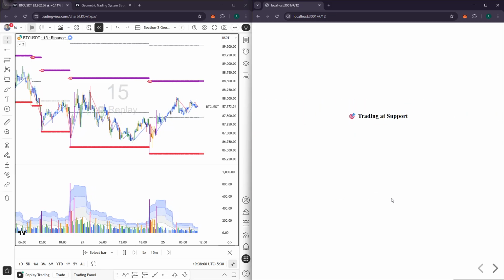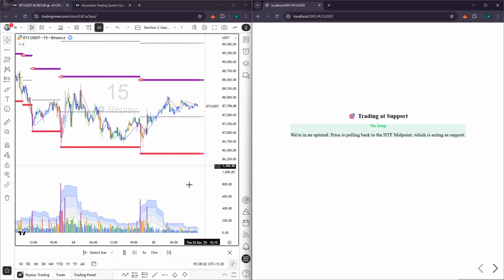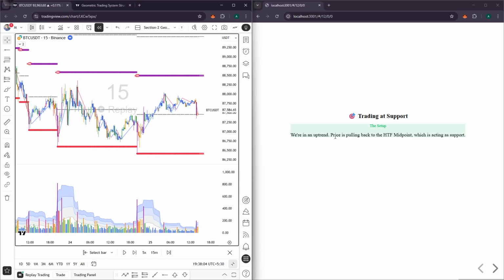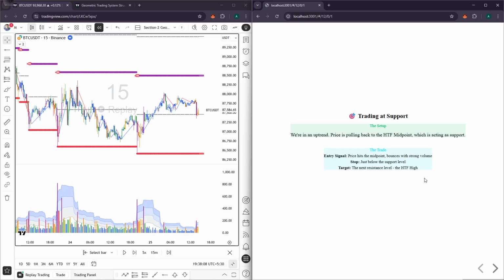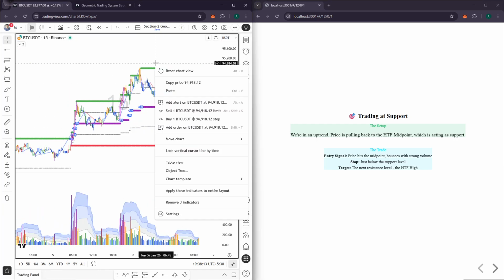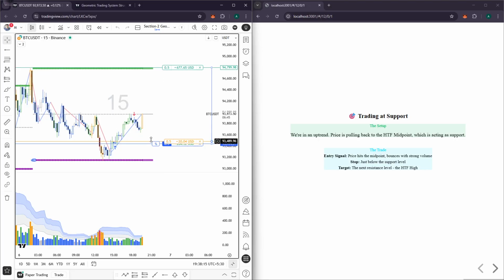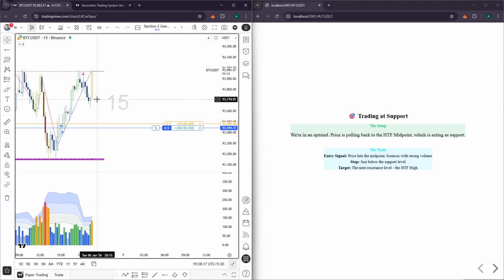Trading at support, the setup. When we are in an uptrend, the price is pulling back to the HTF midpoint, which is acting as support. So the trade would be the trade that we took here. I'll just enable that. Yeah, it's already enabled. See, guys, this candle just goes straight back up.